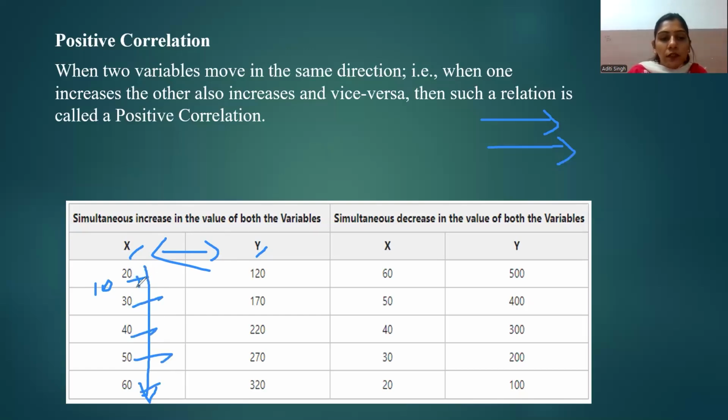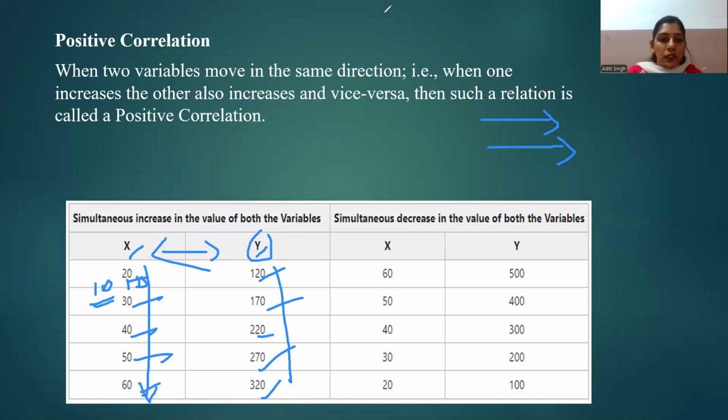The other variable, y, is also increasing: 120, 170, 220, 270 and 320, in the same ratio. When the variables are moving in the same direction, that is a positive correlation. One variable is increasing, and the other, on average, is also increasing in the same proportion.